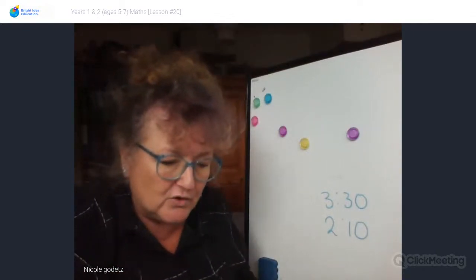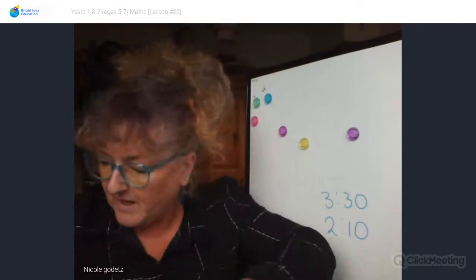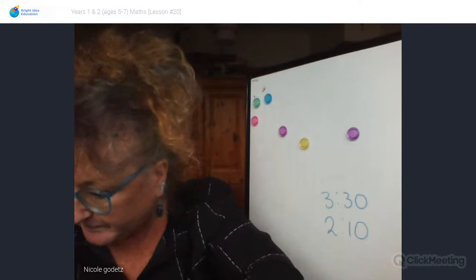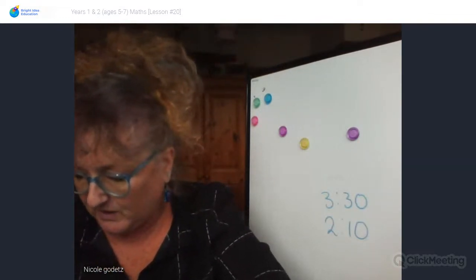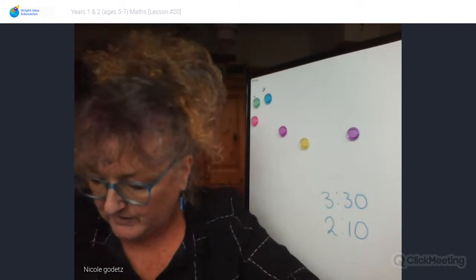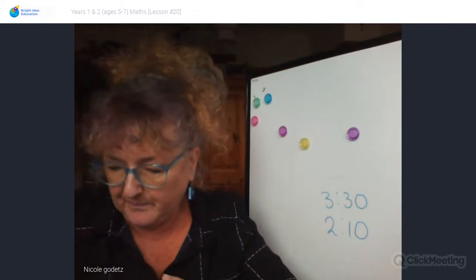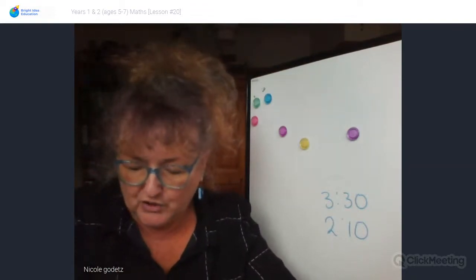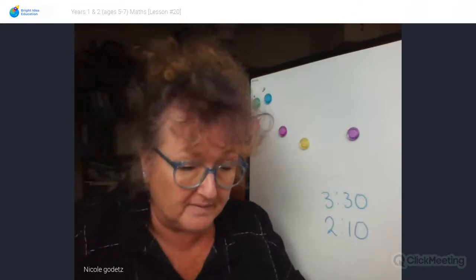So let us go straight into playing a game. We have tried playing a game of bingo, and that is what we are going to try today. With our game of bingo, you are going to choose the analog times and I am going to read the digital times out.